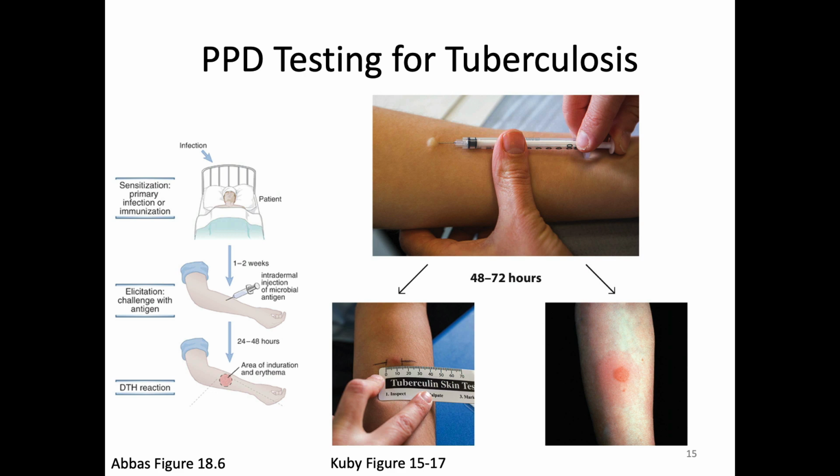In fact, we measure how red and how raised it is, and you get a very characteristic response. When I go to a TB test, I'll rub my arm like this to check it, because if your arm's flat and there's not a bump, that usually tells you it's a negative. So you deposit some antigen, wait 48 to 72 hours, and then look to see whether you have a DTH mark or not. This is the other really famous way that we think about DTH responses.